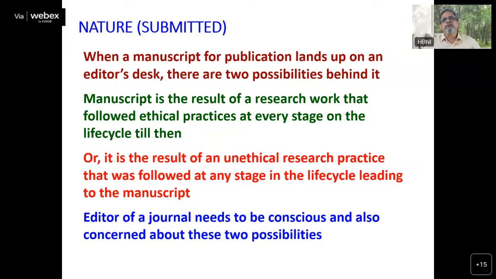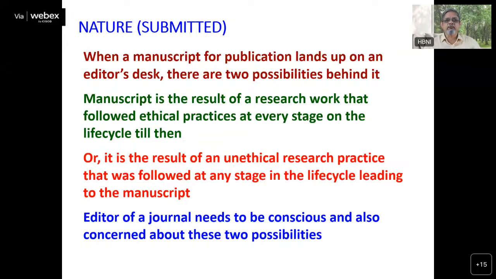So now what should the editor do at this point of time? An impersonal editor can simply say, fine, I don't care whether this manuscript is a result of ethical research or unethical research, I'll simply forward it to the referees, and my responsibility is over. Such an editor is not a good editor, because the editor of any journal has to be conscious and also concerned about whether the manuscript which has landed on his desk is the result of ethical research work or unethical research work.